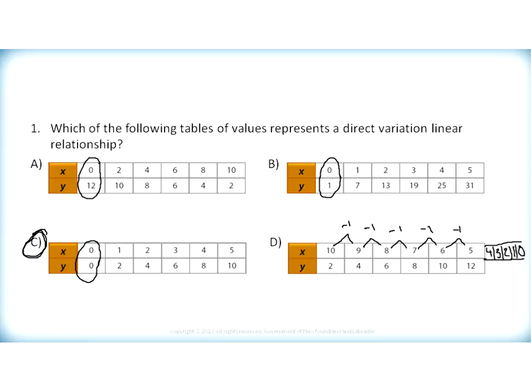And when I do that, my y variables, my dependent variables, are going up by 2, and up by 2, and up by 2, and up by 2, and up by 2. So as my x variable is going down towards 0, my dependent variable is going up and away from 0. So most definitely D will not work either. I always want to make sure that I pick the right one, and in this case I most definitely have picked the right answer.